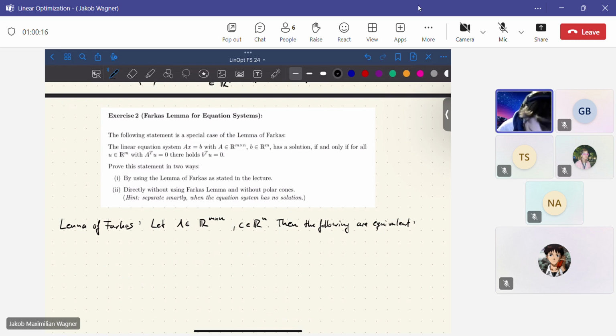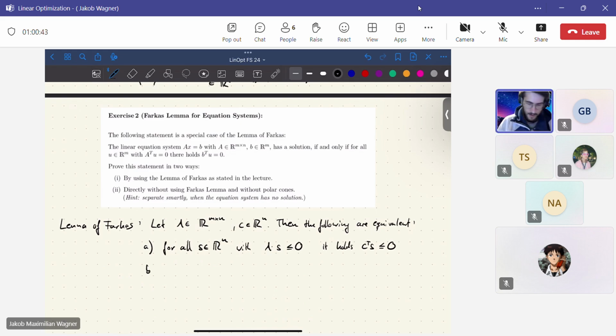We have either the one statement that for all directions S in R^n, where A times S is less or equal than 0, it holds that C transpose S is less or equal than 0.